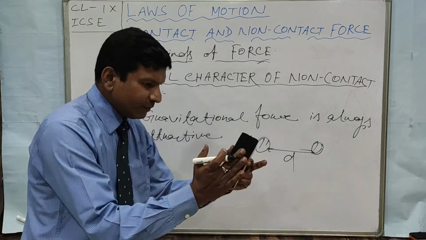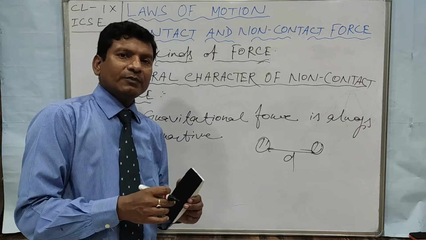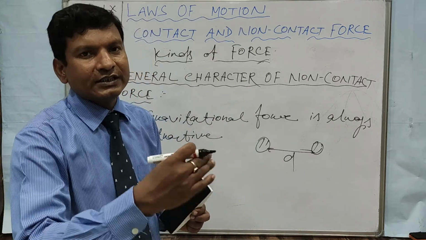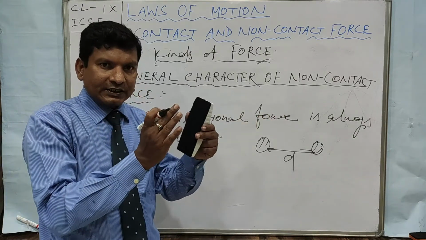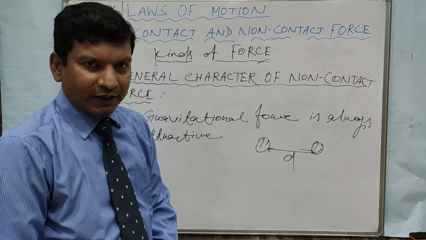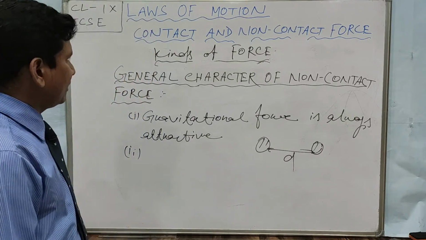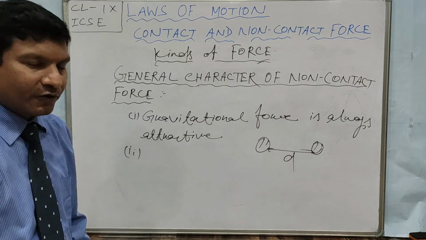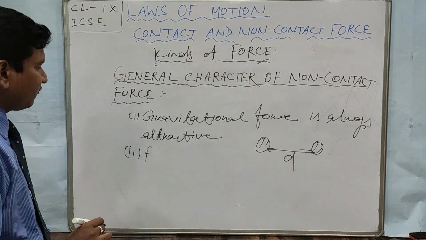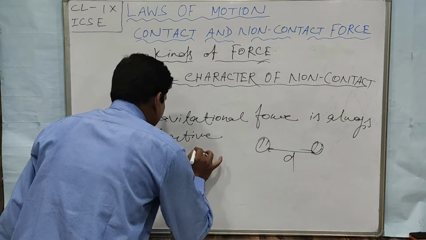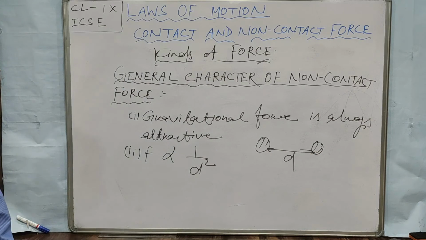If the distance between the two bodies increases, then the magnitude of the non-contact force decreases. If the distance between two bodies decreases, then the magnitude of the non-contact force increases. So that is another characteristic of the non-contact force: the magnitude of the force is inversely proportional to the square of the distance between two bodies.